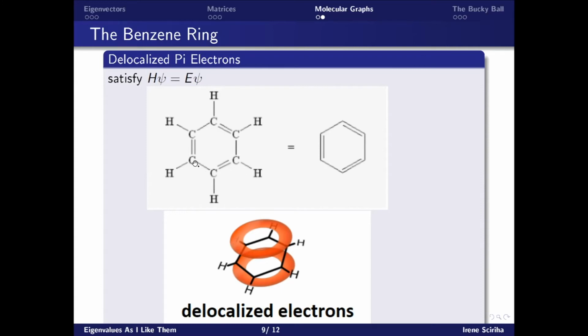This bond is called a sigma bond, which is quite strong, and this bond will also be a sigma bond sometimes. But then there's this other double bond, that electron, that is shared by all the carbon atoms, and all the carbon atoms contribute 1 electron. So we have these delocalized electrons, and Schrodinger's equation looks at these delocalized electrons.